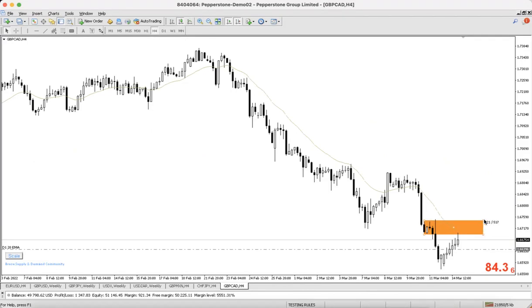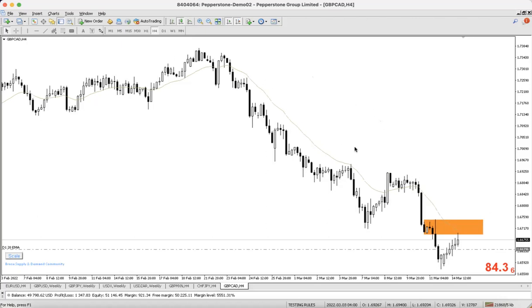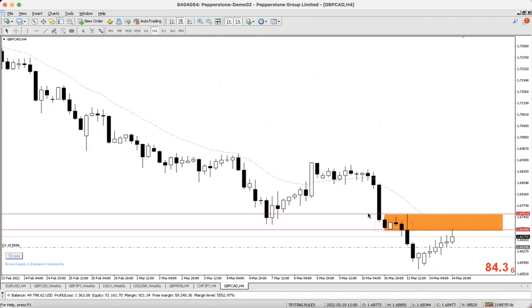It means that we should be on it already. So on the H4, as it stands, guys, pound CAD is on for a sell. We should be selling pound CAD.